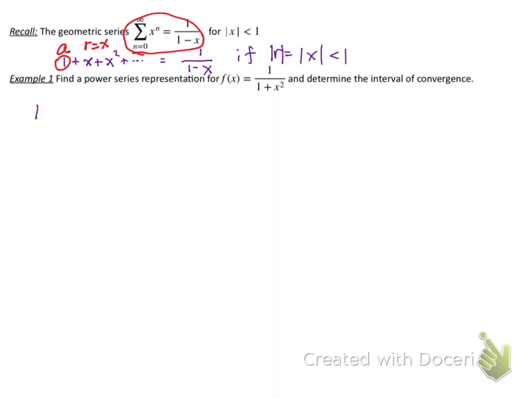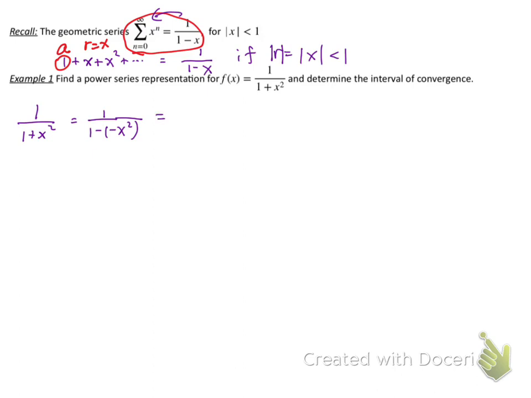So 1 over 1 plus x squared is 1 over 1 minus negative x squared, right? Because we are using the formula or the geometric series backward. You have 1 over 1 minus x, it becomes the sum of x to the nth power. So we need 1 over 1 minus something in x, which is the negative x squared.